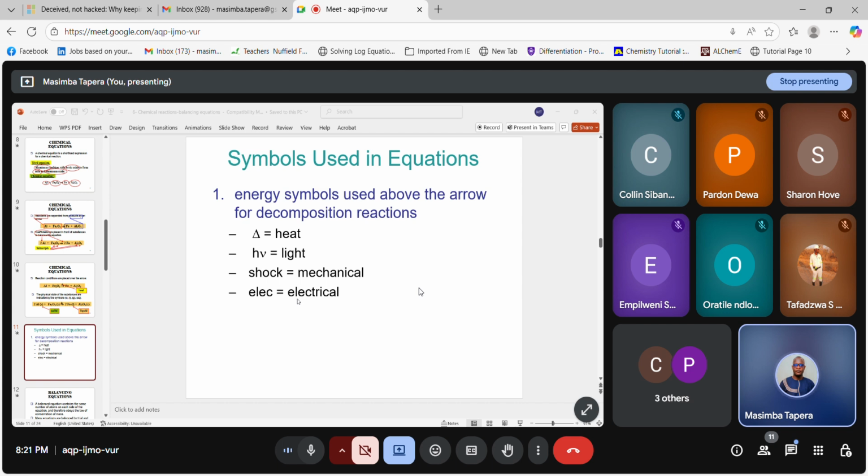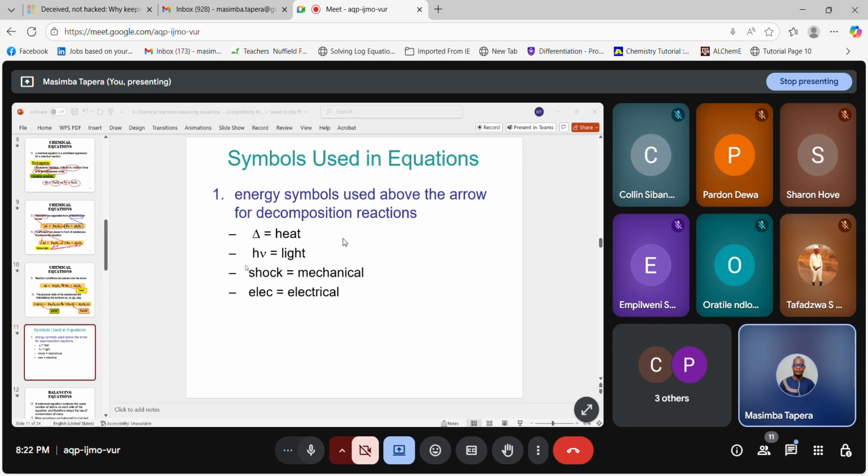We can see something like this small triangle delta. It can be associated with a certain value, maybe negative 200 kilojoules or positive 200 kilojoules or positive 200 joules. This is a description of the amount of heat that has been produced or that has been absorbed. Sometimes you can see hν.